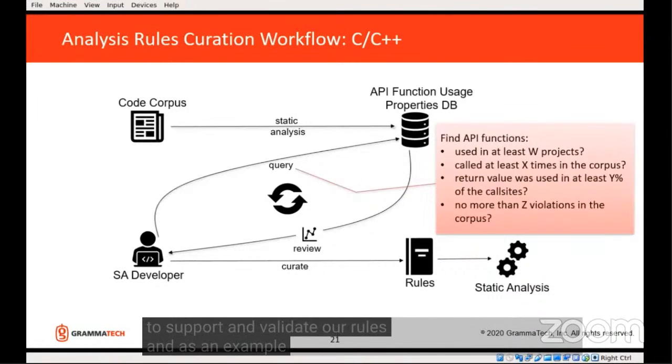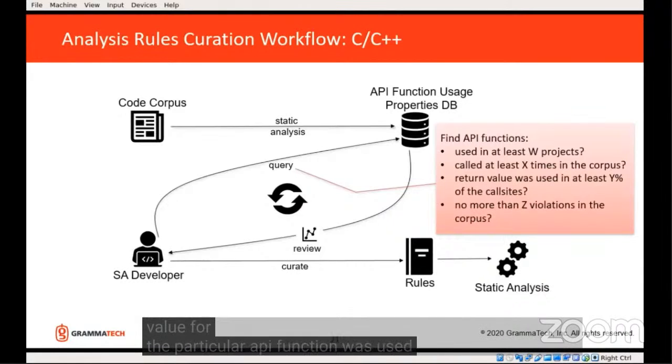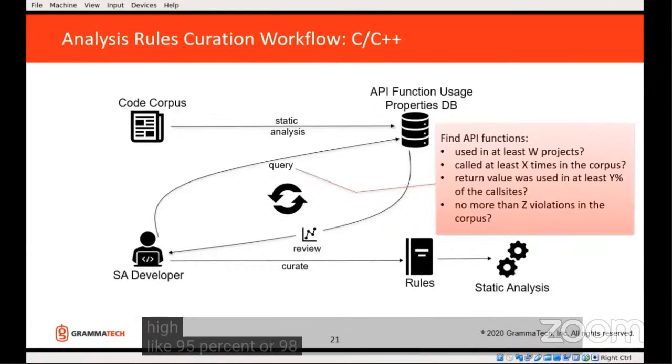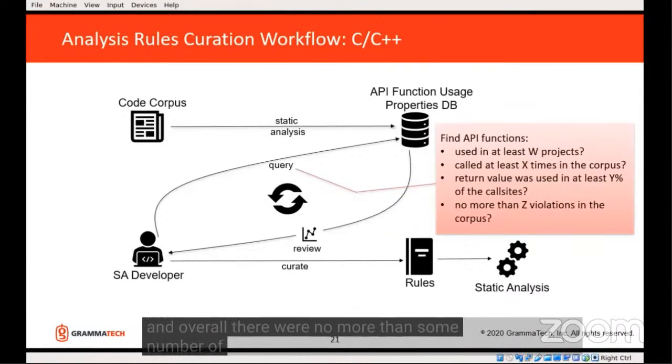And as an example, the return value for the particular API function was used in at least Y% of the call sites. And typically this is pretty high, 95% or 98% of the times the return value was used. And overall, there were no more than some number of violations in the corpus.